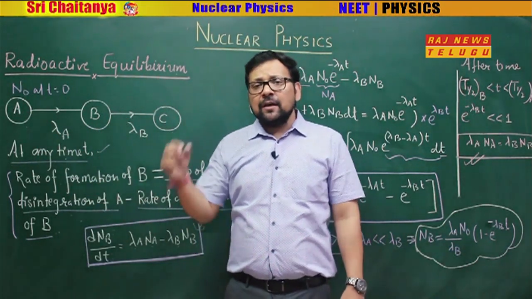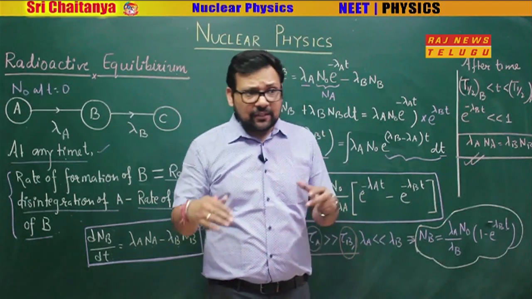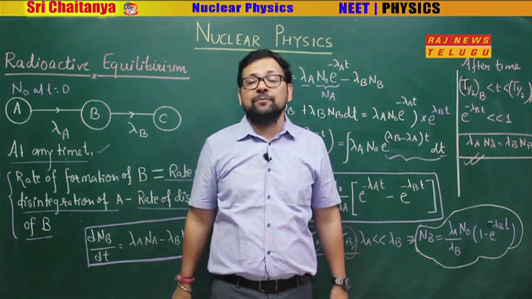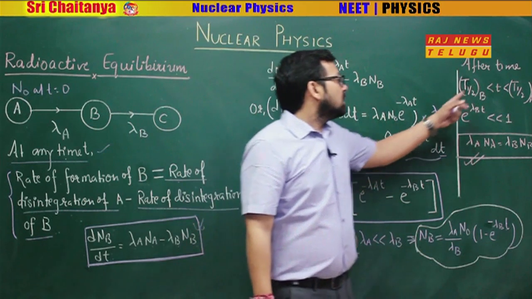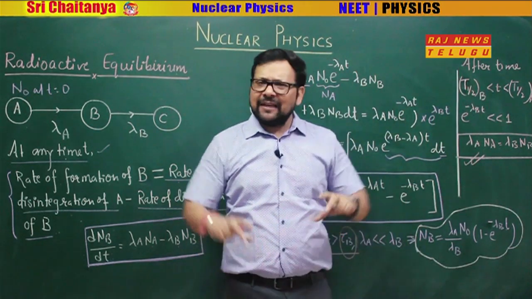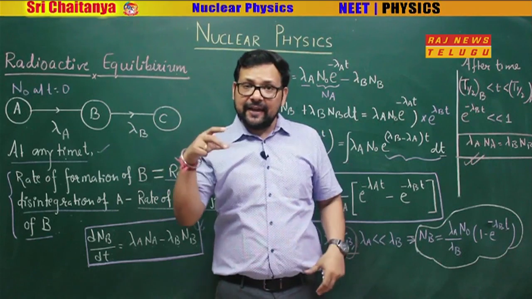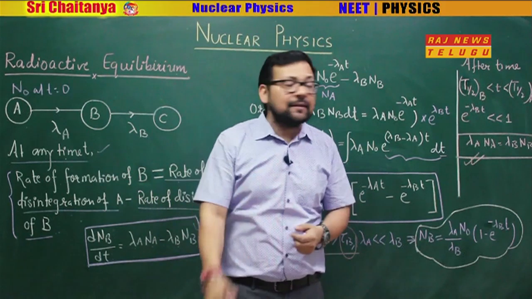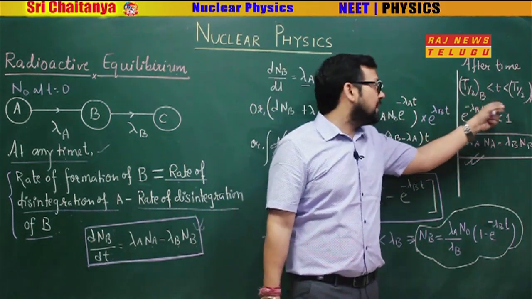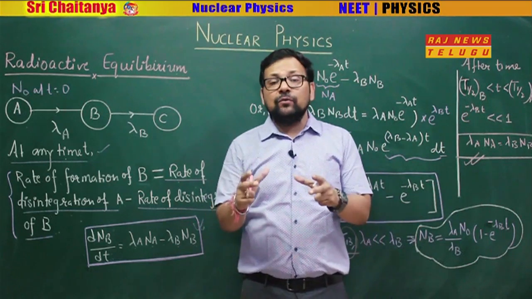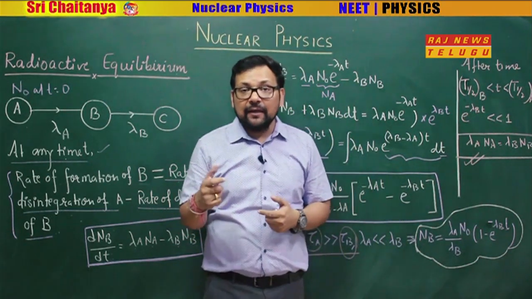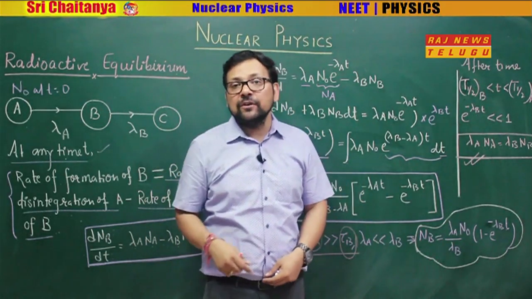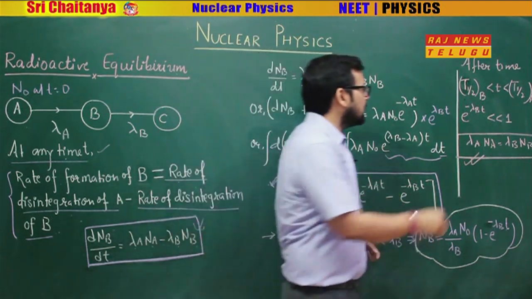Again, there is one most common special case. In general, you will see students in books and numericals using this second case that I am going to tell you now. Suppose we are dealing with some time T. The entire discussion is instantaneous, isn't it? At any time T, we have started with this. Now, if that time T is such that it is between the half-life of B and the half-life of A, this is the inequality you can see.